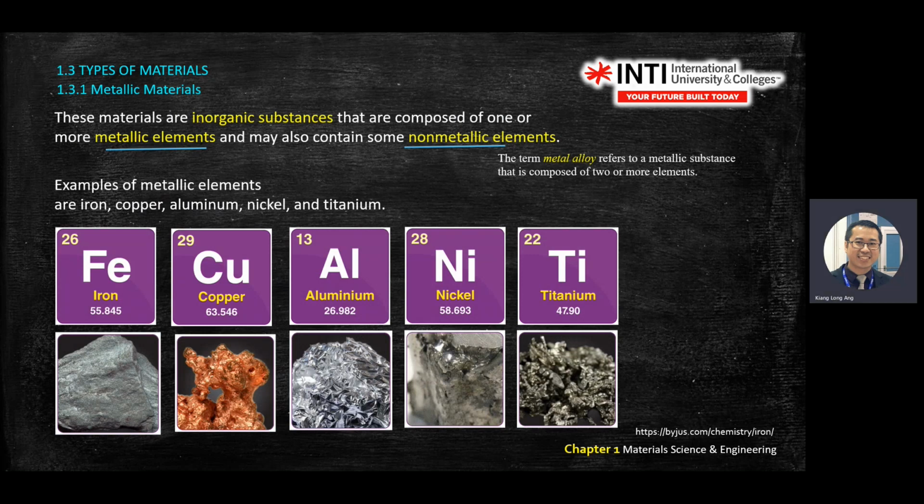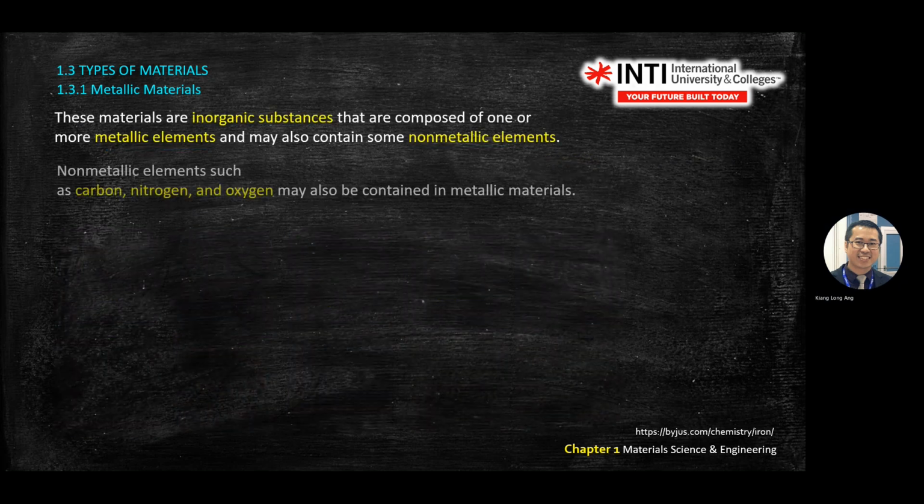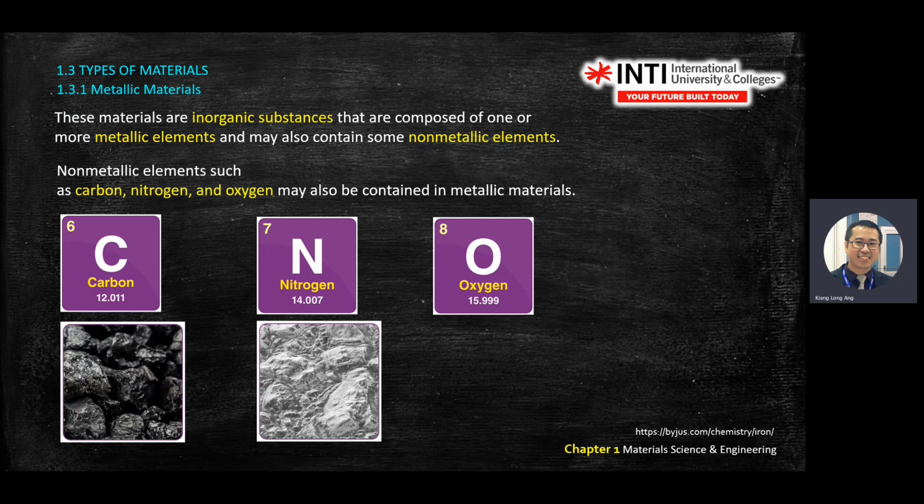The famous ones are iron or Fe, copper, aluminum. These 2 you will see later when we go into alloy material. For non-metallic, the famous ones are carbon, nitrogen, and oxygen. So at the beginning of this lecture, you have two major materials, metallic and non-metallic.